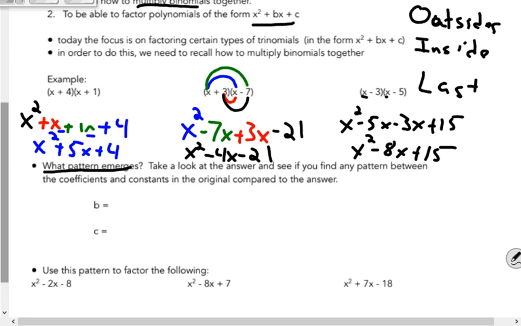What's negative 7 plus 3? Negative 3 times negative 5. Negative 3 take away 5. Negative 8. You guys see a pattern there? When you add the numbers together, you get your middle term. When you multiply them, you get the last term. You guys see that? Okay, so your B value.